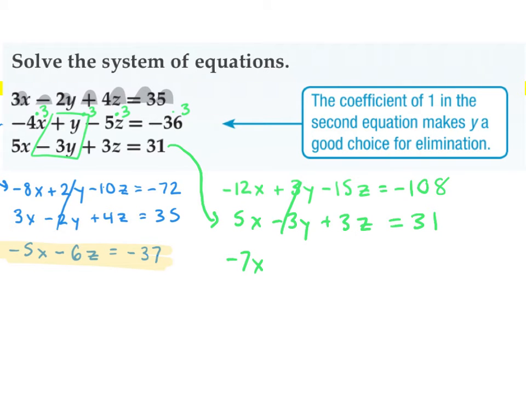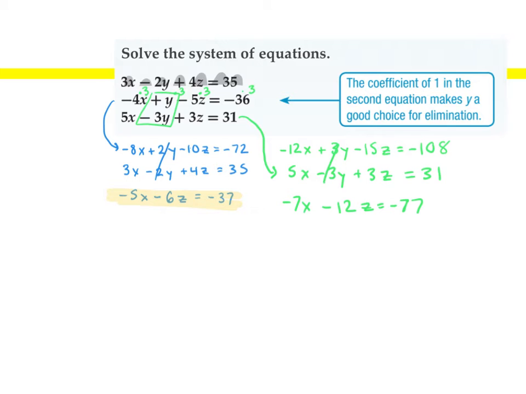They cancel. What is negative 15z plus 3z? Negative 12z. And what is negative 108 plus 31? Awesome, negative 77.